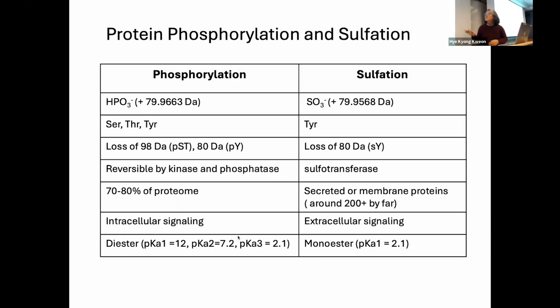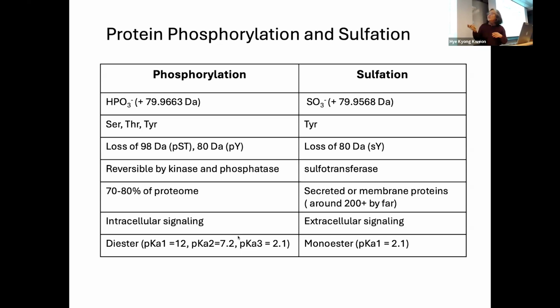the cell. This is a table comparing the similarities and differences of phosphorylation and sulfation. Phosphorylation has been really well studied, especially in the last two decades. Over 500 kinases are known in the cell, and people say roughly 70 or 80% of all proteomes are phosphorylated at least once in their cell lifetime.